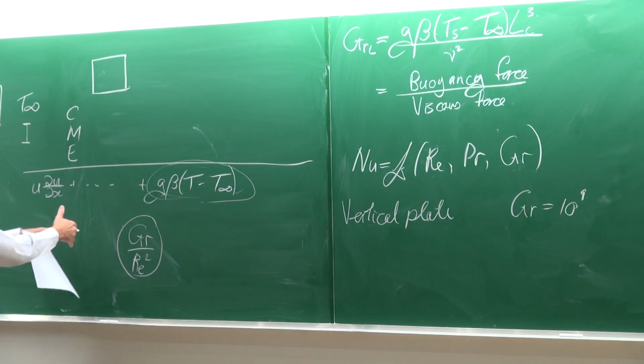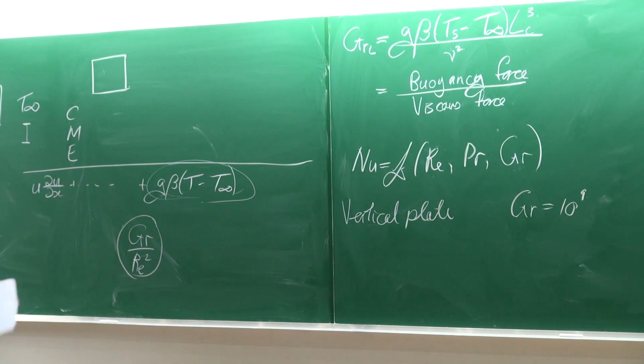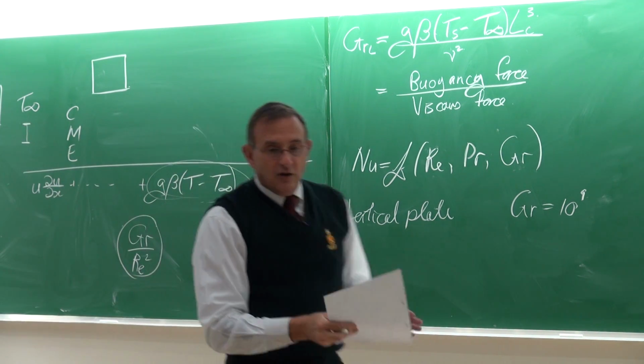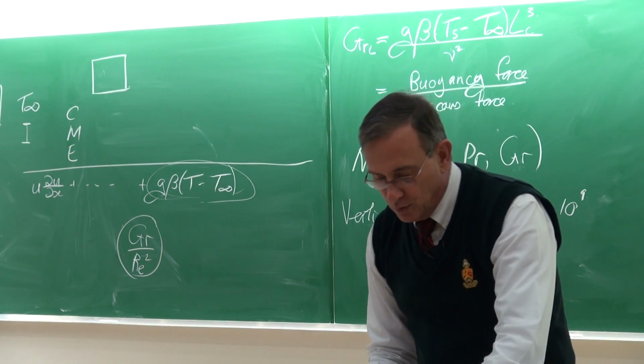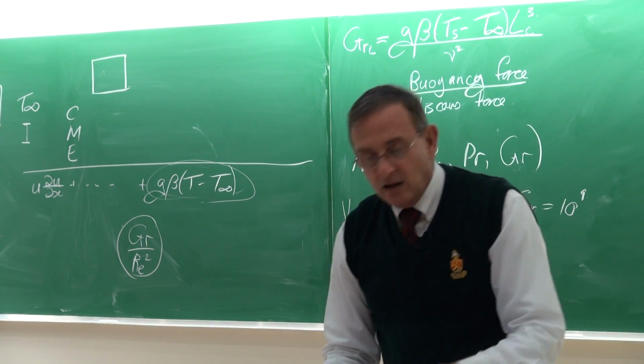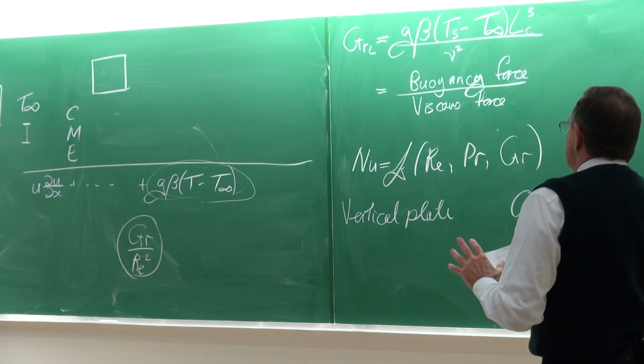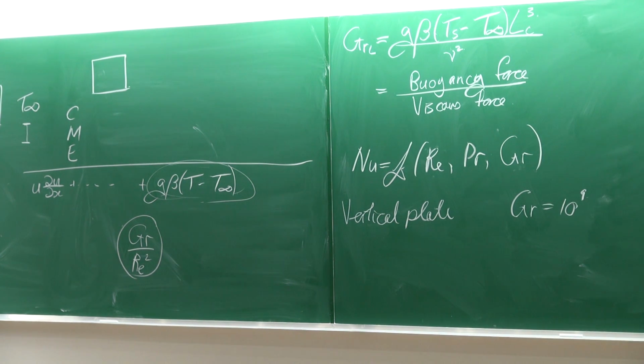That ratio is going to appear in the equations in your textbook. That is a very important ratio, because it tells us if a problem is dominated as a forced convection problem or a natural convection problem, or a combination of the two.